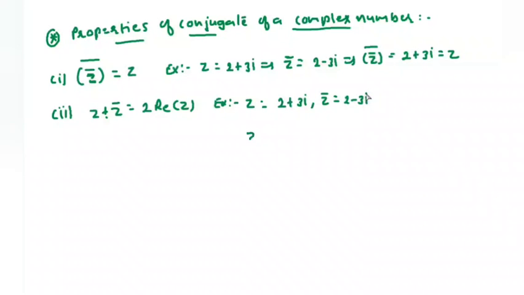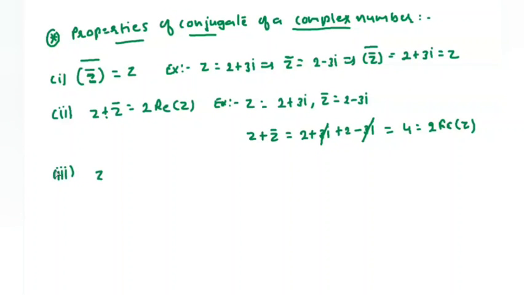Now if you find z plus z bar, so 2 plus 3i plus 2 minus 3i. So plus 3i minus 3i will get cancelled, and it is equal to 2 plus 2, 4, which is equal to twice the real part of z. Real part of z is 2, and 2 into 2 you will get 4. Okay, and therefore when you add the complex number with its conjugate, the answer will be twice the real part of z.